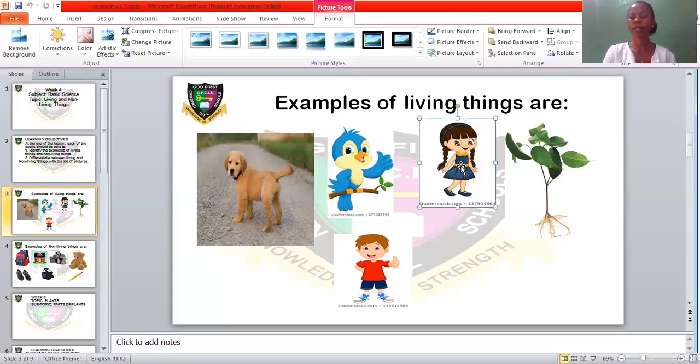Number three is a girl. Number four is a plant. Number five is a boy. So they are all examples of living things.